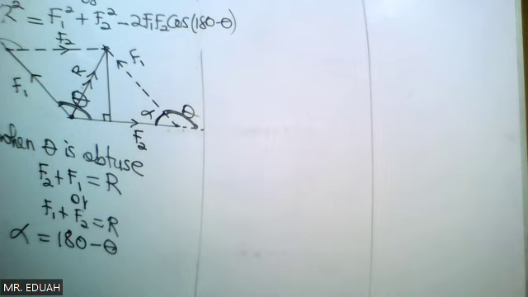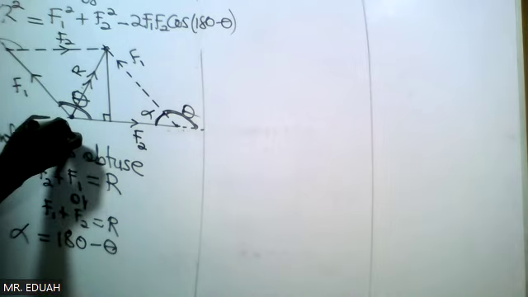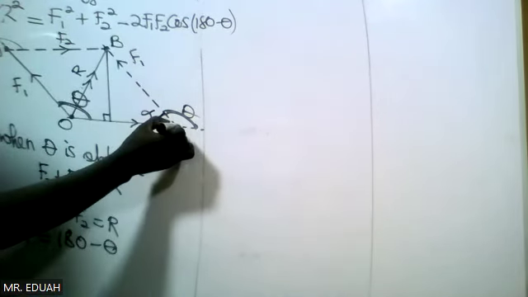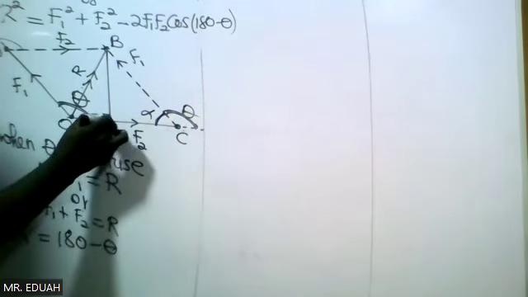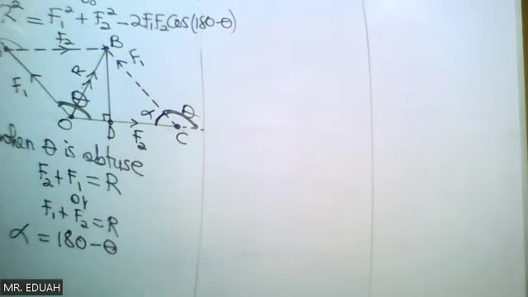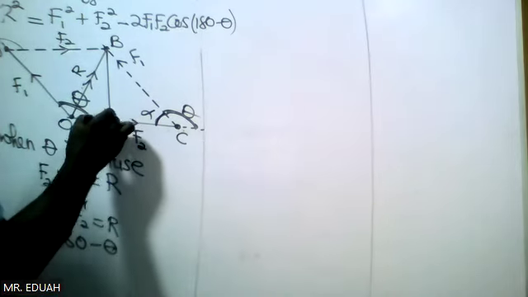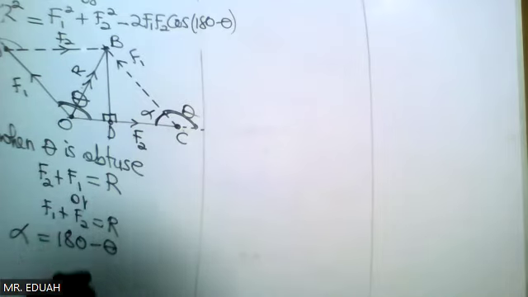All right. So let's label this O, A, B, C, D. Now look, we have two triangles here. This is also perpendicular to this. If this is perpendicular, this is also perpendicular.